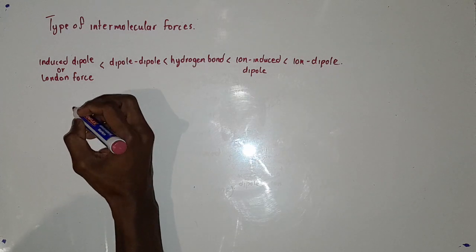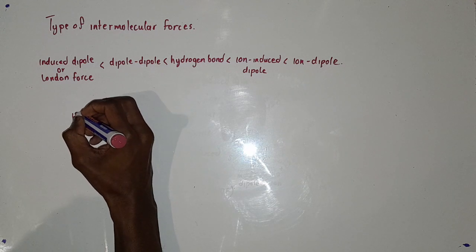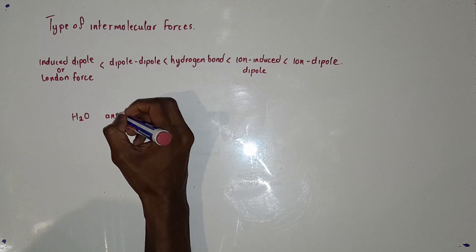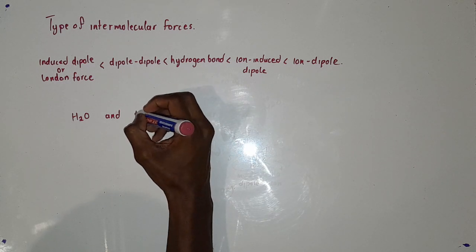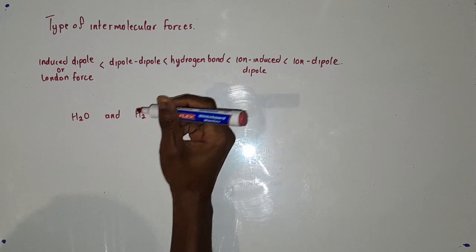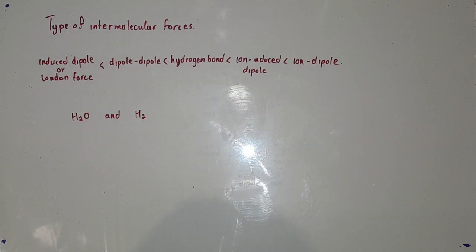Then let's say if I were to give you these two, I say we have H2O and hydrogen. Then I ask you this question: which one between the two has the highest boiling point?